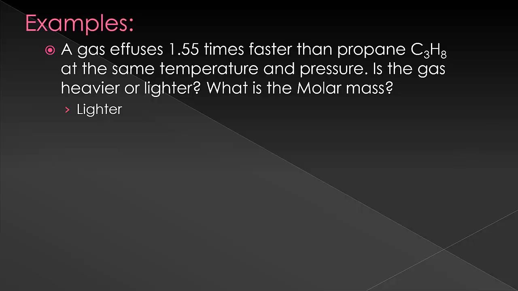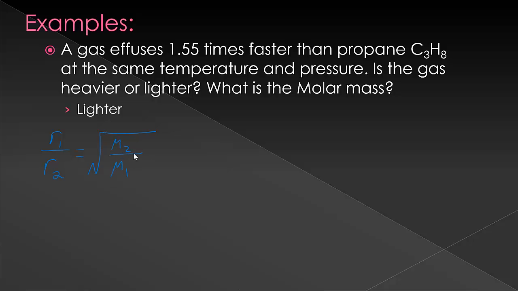Now, when we want to look and say, well, okay, how much faster is it going? And that's our measurement of the molar mass. So we take the equation that we learned on the last slide that relates the two. And we say, well, our R1 over our R2 is equal to the square root of those molecular masses.